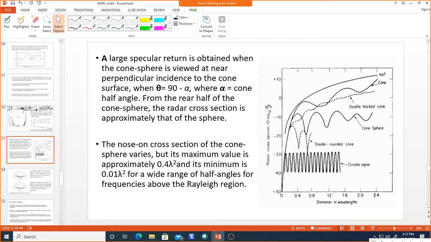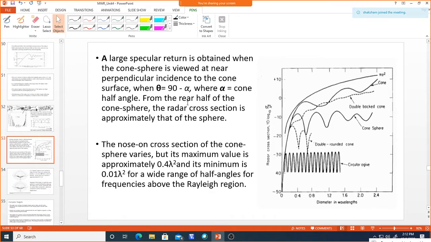Now this is the RCS versus the diameter of different cones, like double-backed cone, cone sphere, rounded cone and circular ogive. These are the different types of targets they have measured with respect to the diameter in wavelengths. Whatever the frequency of operation, with respect to that frequency they find the diameter, and if you vary the diameter, the RCS will vary.